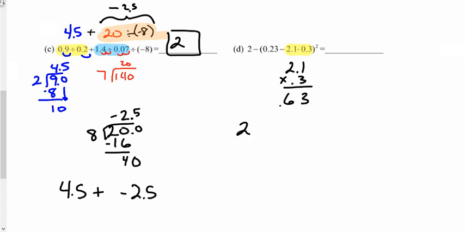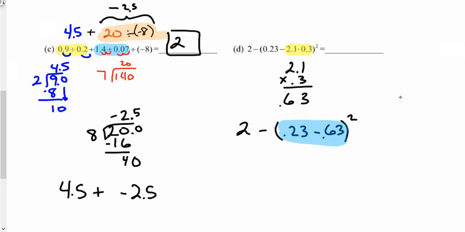So if I rewrite what I have, just so that we're keeping track of everything, it kind of looks like that. My next step then will be to continue working inside the parentheses, to continue looking at this part right here. 0.23 minus 0.63.